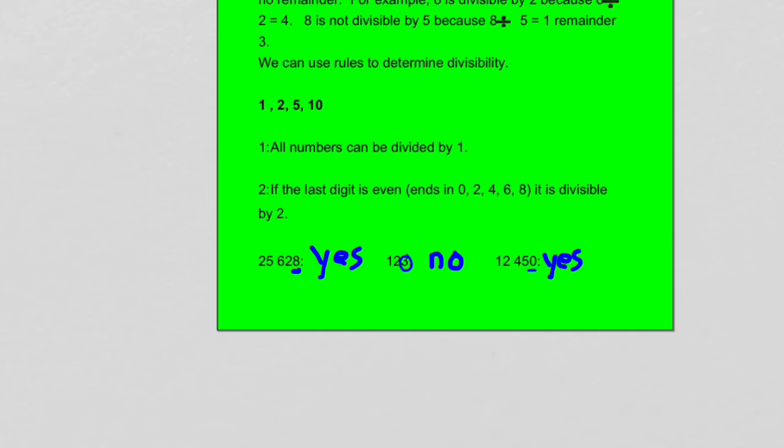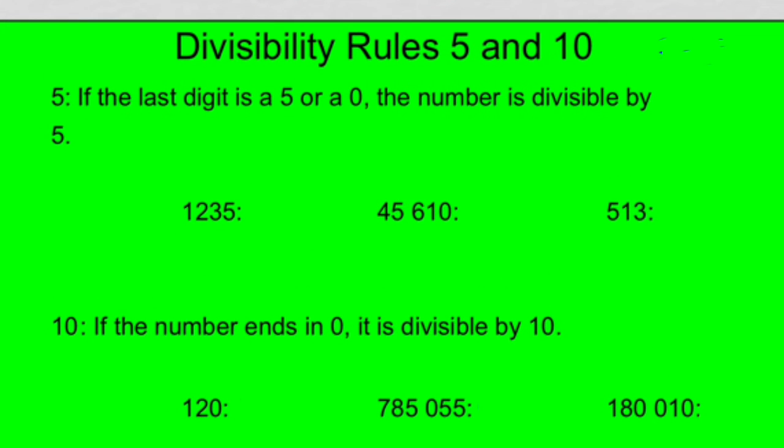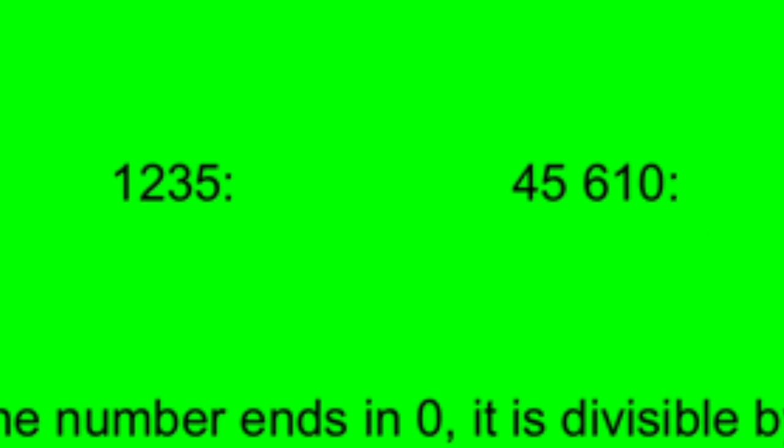Now let's look at the divisibility by 5 and 10. They're very similar to the rule for 2. A number is divisible by 5 if the last digit is a 5 or a 0. If we look at these examples, the last digit is a 5, so that number will be divisible by 5.